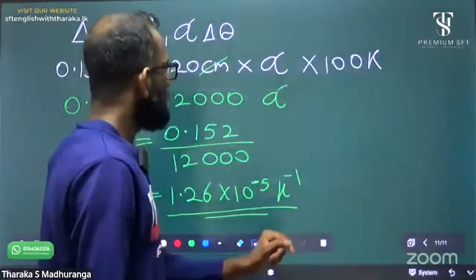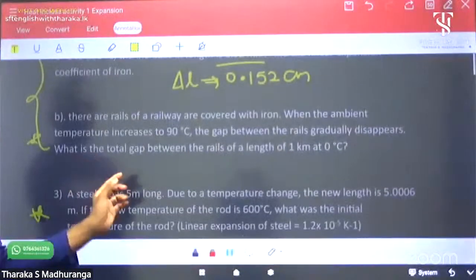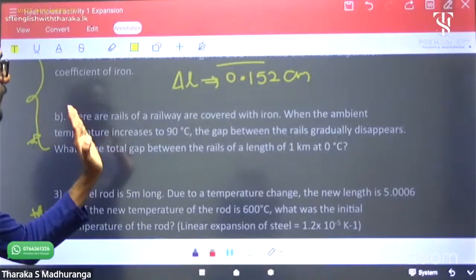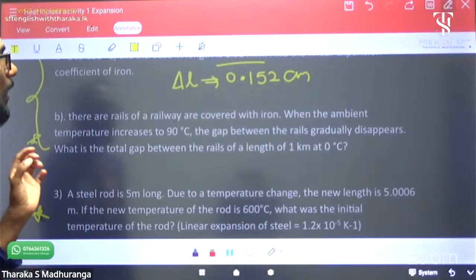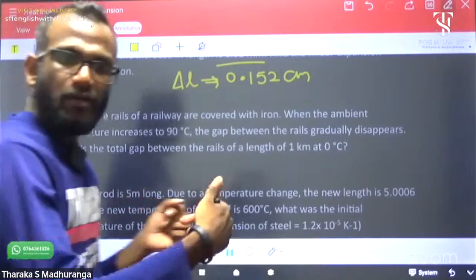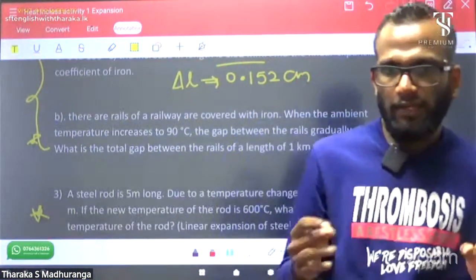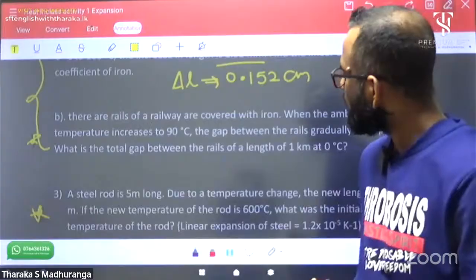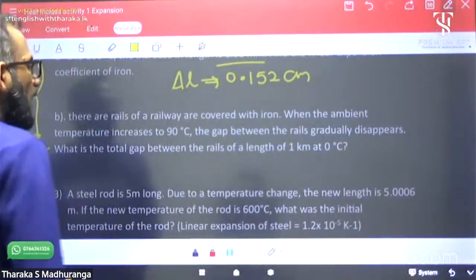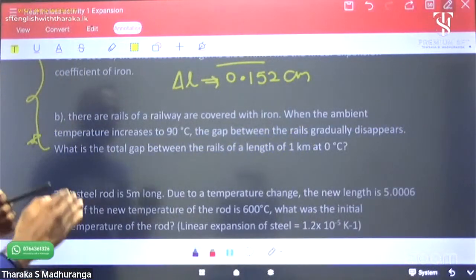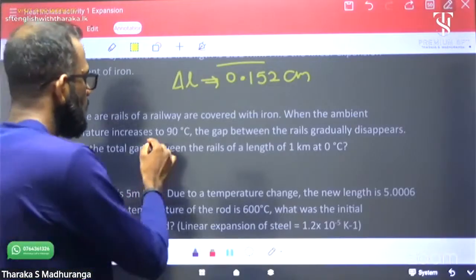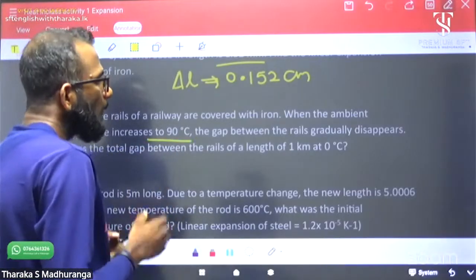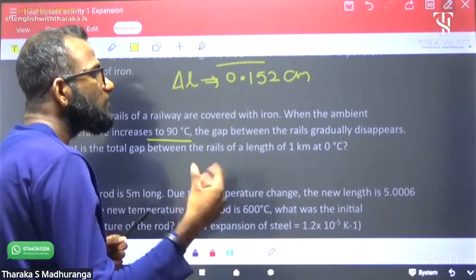Okay. Let's move into part B. The rails of a railway are made of iron. When the ambient temperature increases to 90 Celsius, the gap between rails gradually disappears.